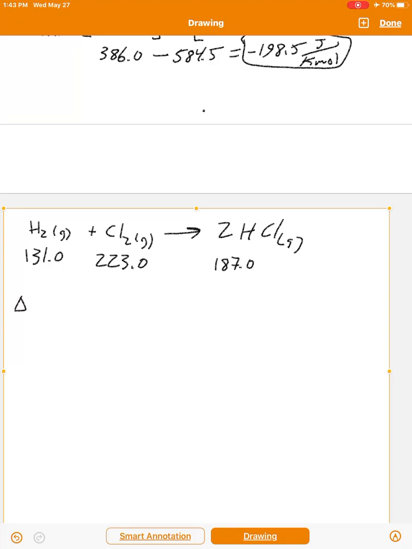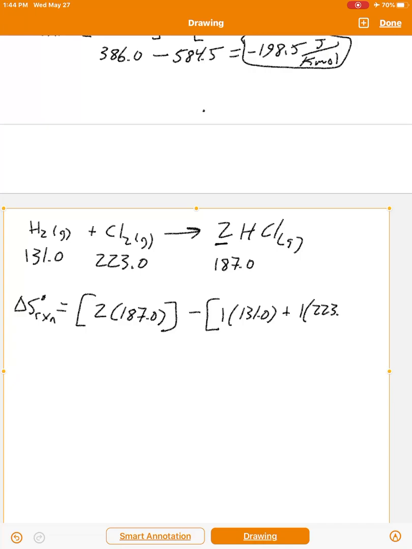So delta S of the reaction. Sum of the products. Well, there's only one product, but there's 2 moles of it. So 2 times 187.0 minus the sum of the reactants. First reactant is H2, 1 times 131.0 plus 1 times 223.0. Okay.